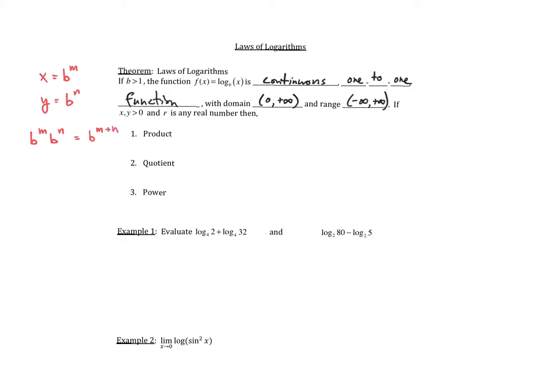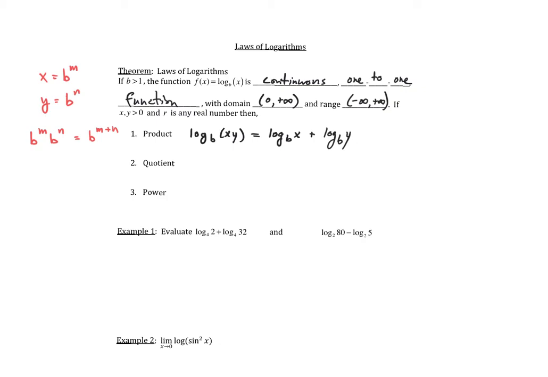Okay, so now let's take a look at the corresponding law of logarithm. If we took the logarithm with respect to the base b of these numbers x times y, that's equal to log base b of x plus log base b of y. Why does this make sense?